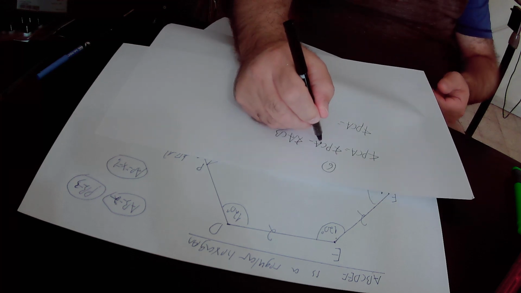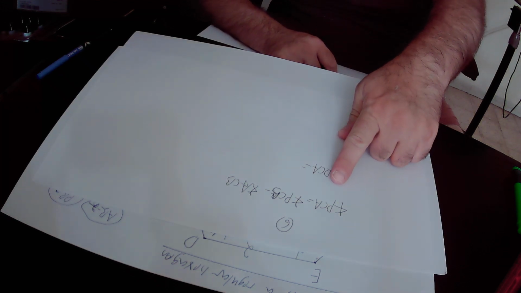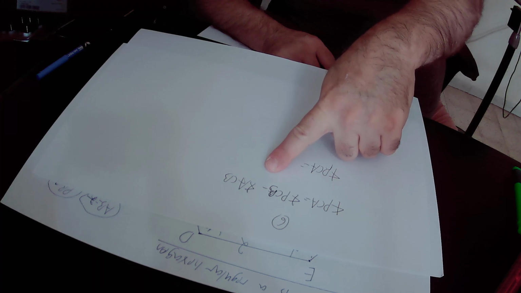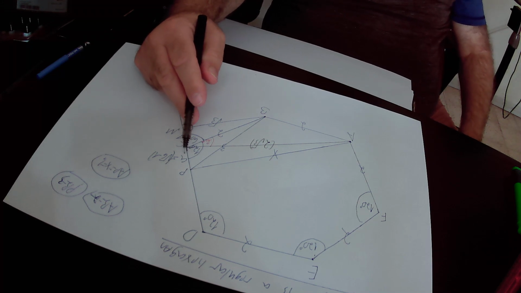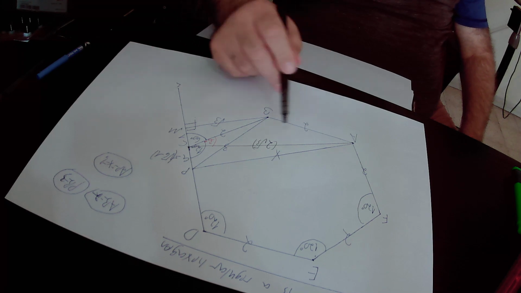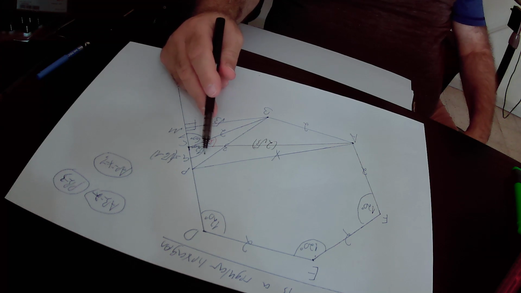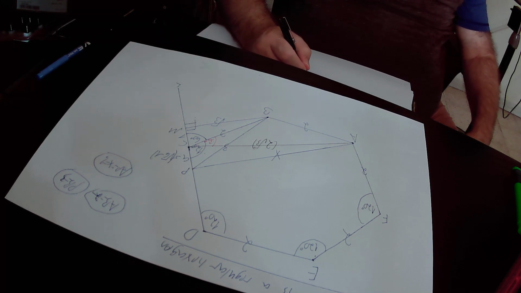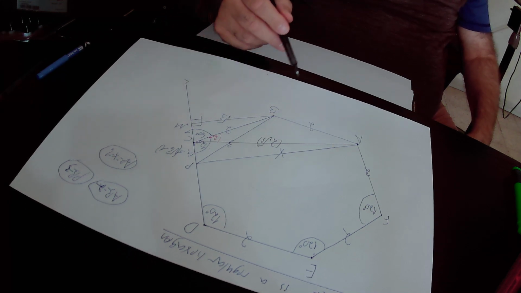I repeat again. The size of the missing angle PCA equals the size of the big angle PCB minus the size of the small angle ACB. So angle PCA will be equal to angle PCB, that is 120 degrees, minus the size of the small angle ACB, that is 30 degrees.